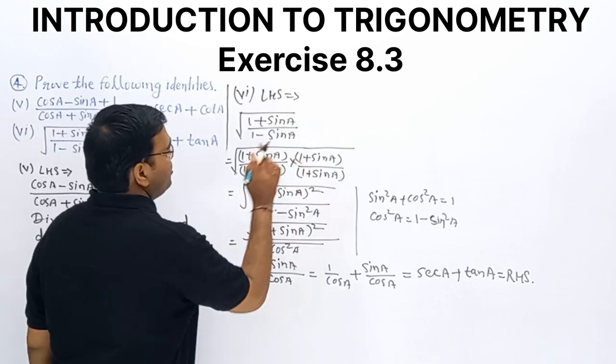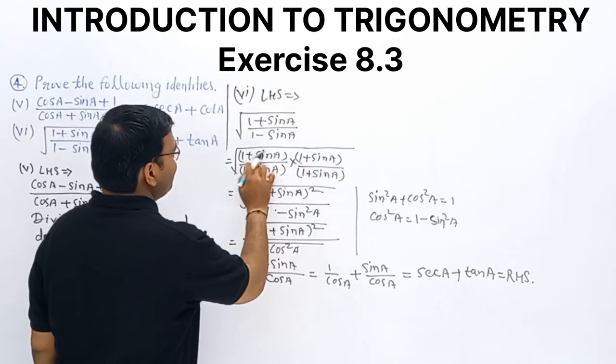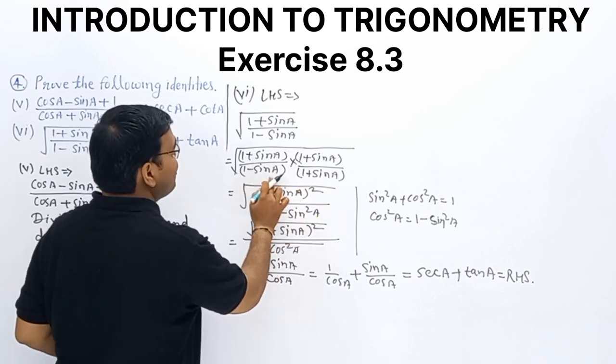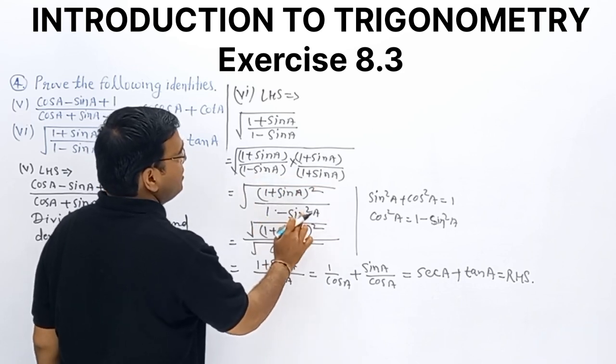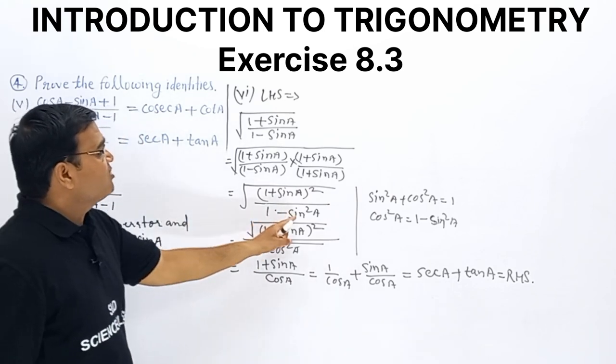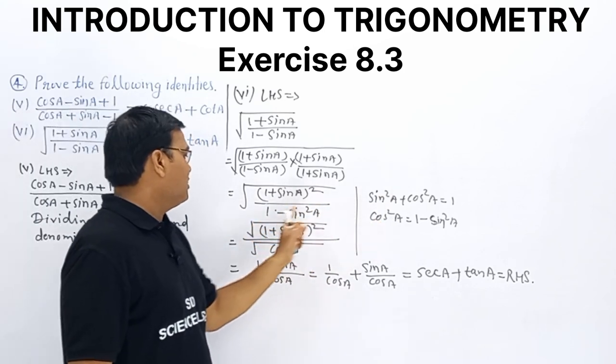Now in the numerator we are getting (1 plus sin A) whole square, and in the denominator it is a minus b, a plus b, so a square minus b square. Here 1 square is 1, and 1 minus sin square A can be written as cos square A.